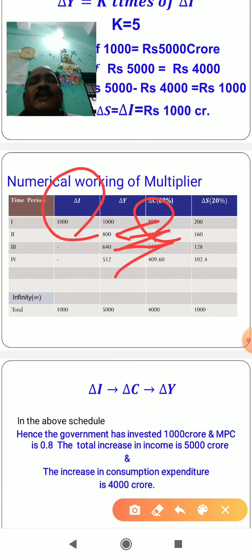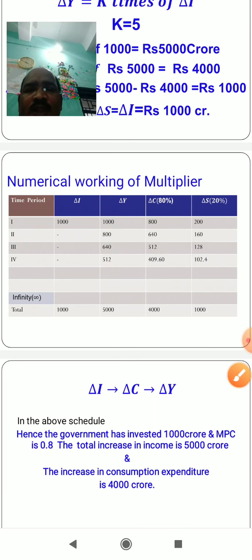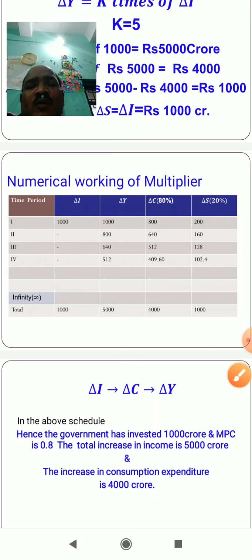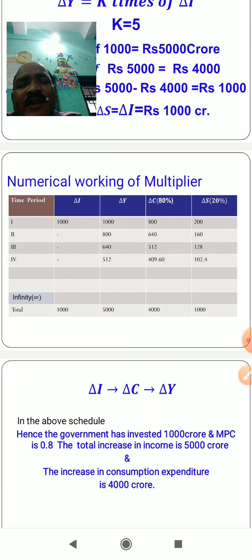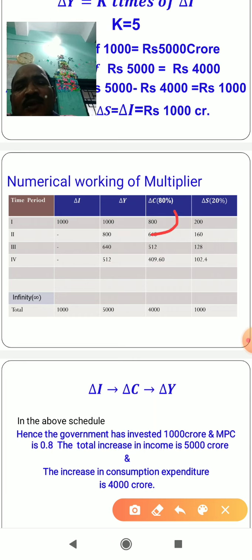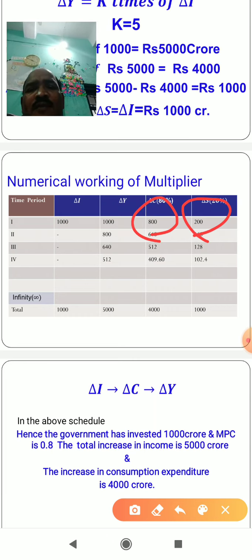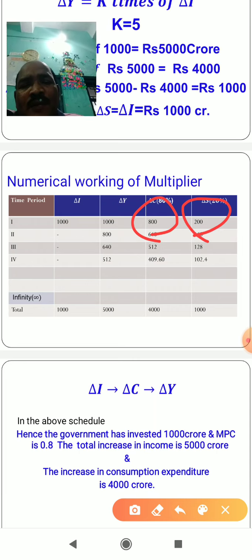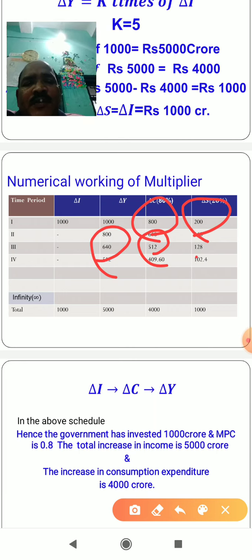Income expenditure of one person is the income of another person. When 1000 income arises, 800 rupees is consumption, meaning 200 rupees is the change in saving. Just like when change in consumption is 512 and income is 640, the change in saving is 128.